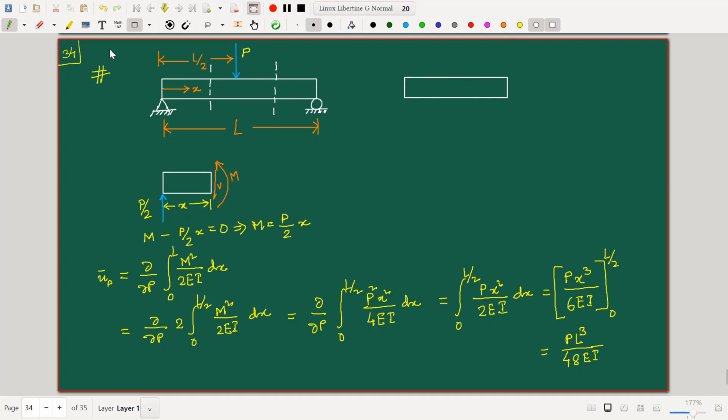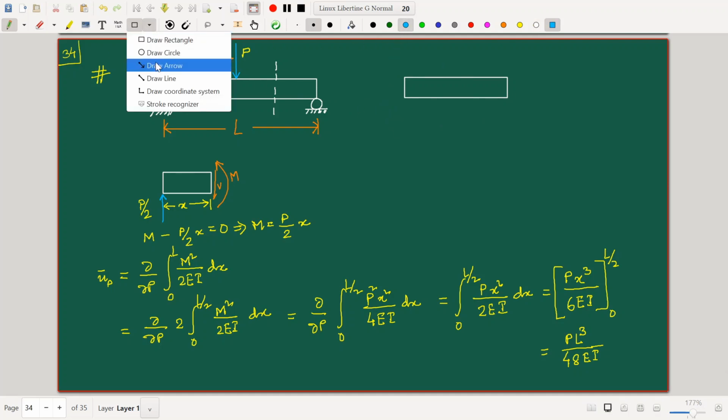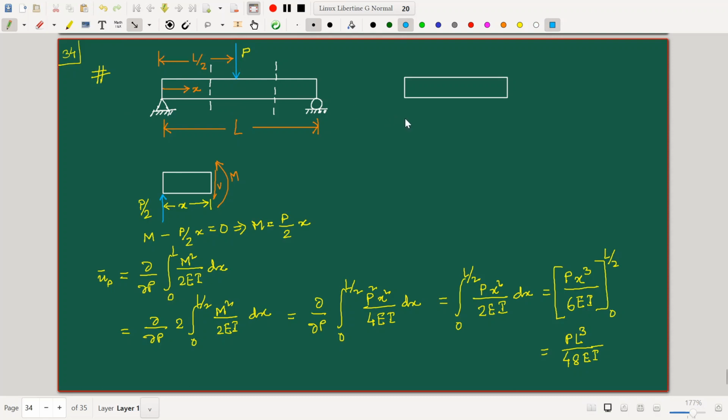The reaction force here would still very much be P by 2. That is not a problem.